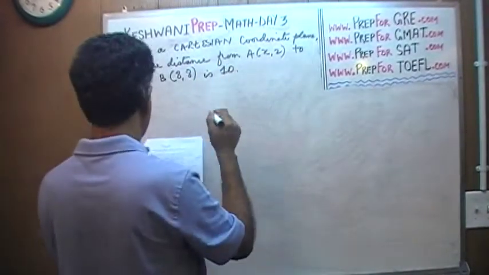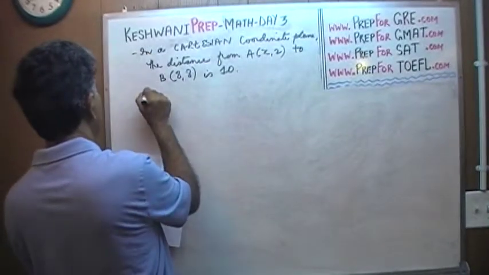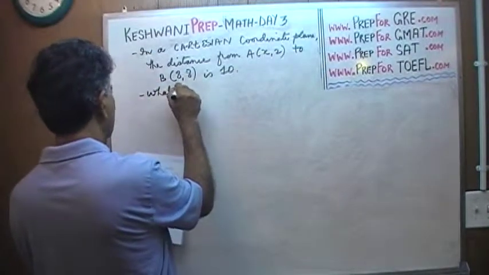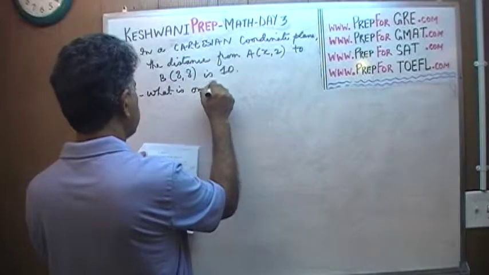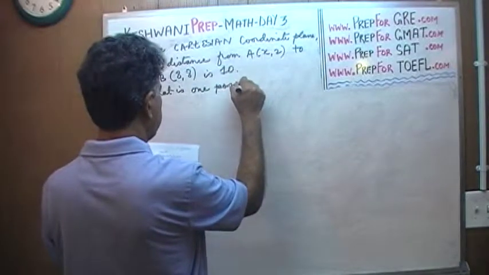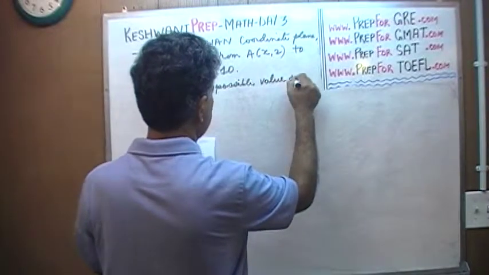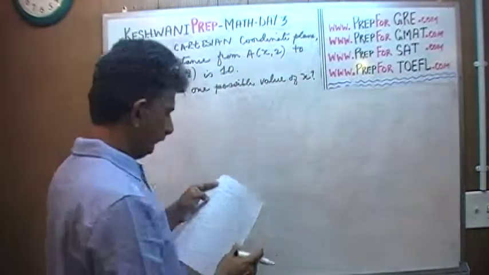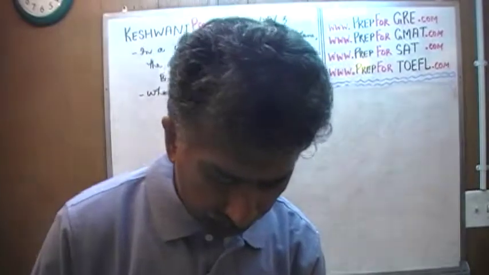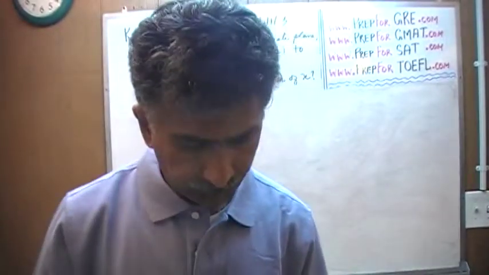The question simply is, what is one possible value of x? Apparently there are more than one.